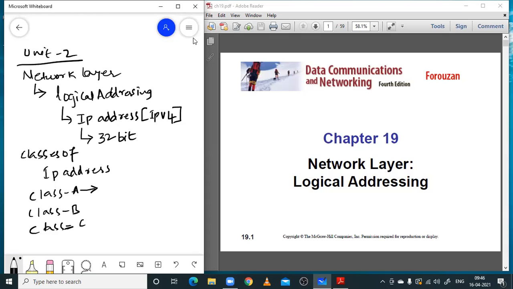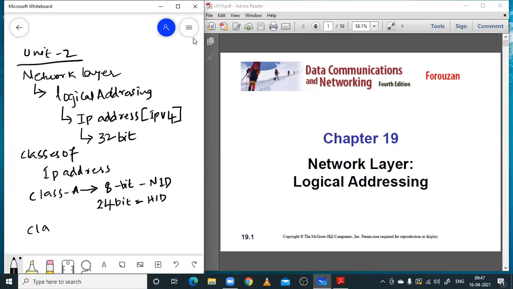According to class A, 8 bits will be the network ID, and the remaining 24 bits will be host IDs.